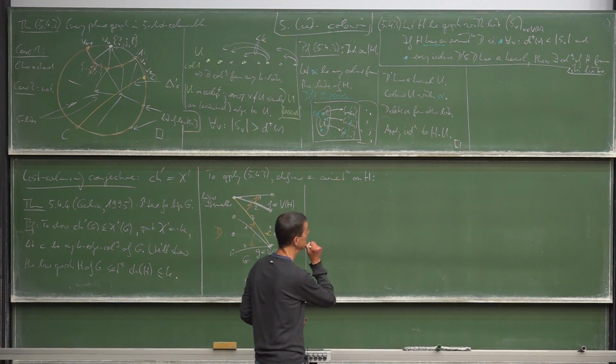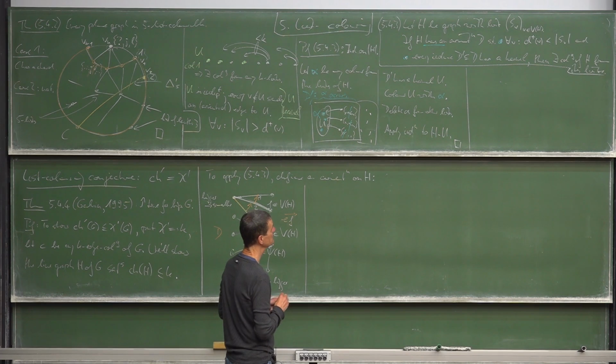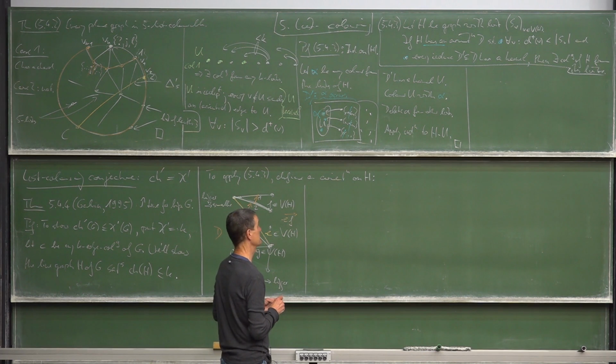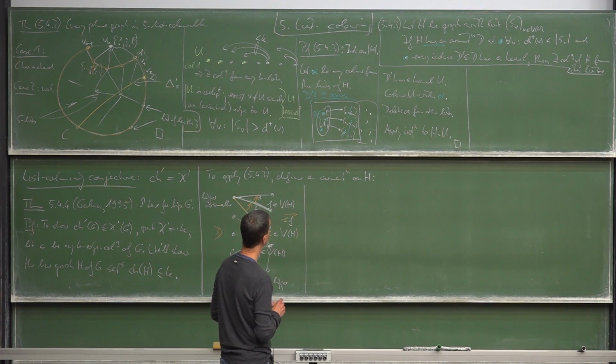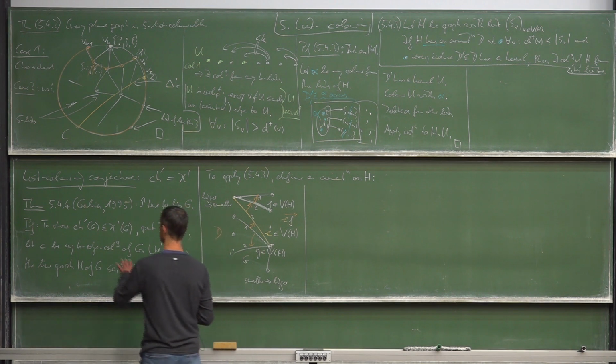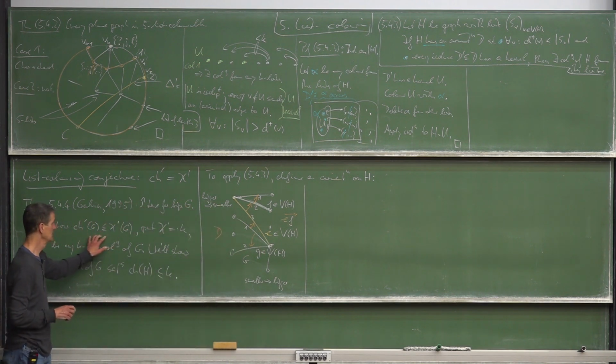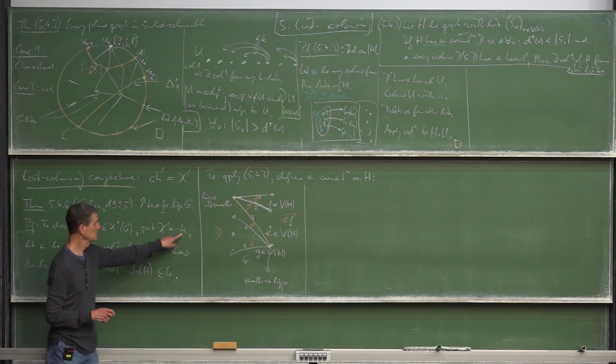First bullet first. For every vertex, the out degree is smaller than its list length. Now, the lists all have length k by assumption. This is what we're showing.